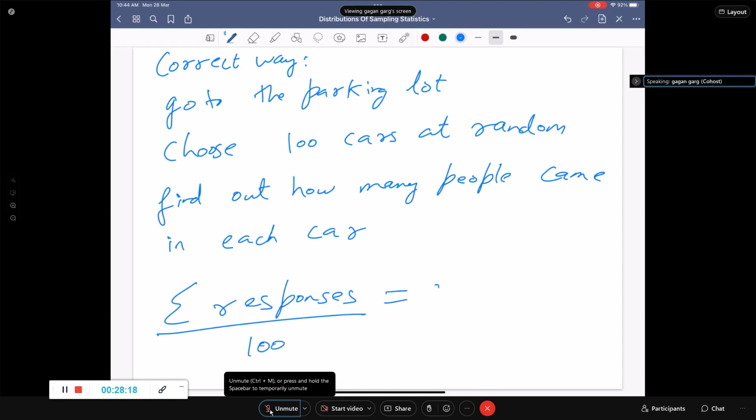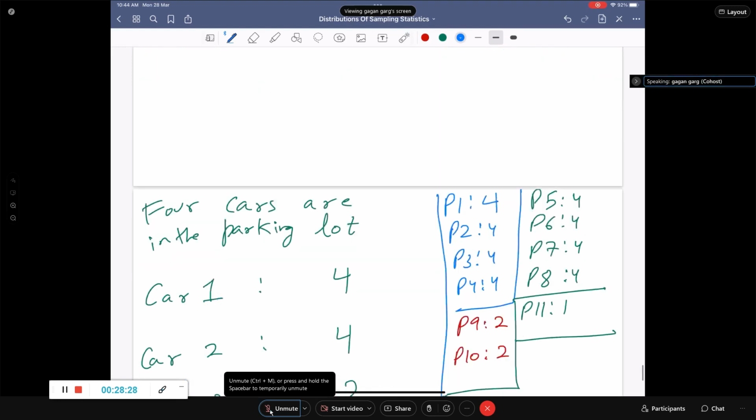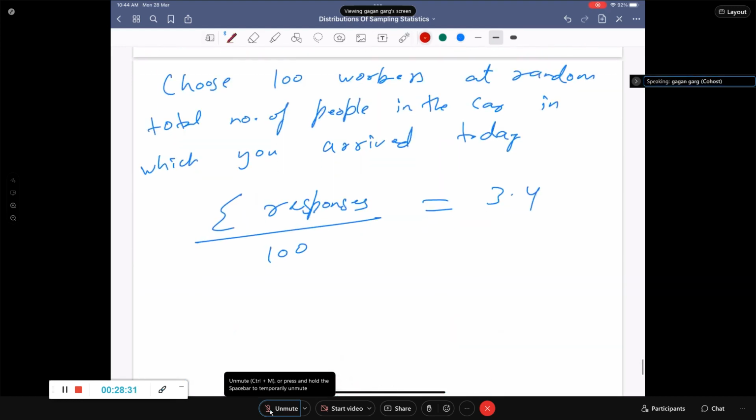This will give you the average number of people per car. The problem here was it is the wrong population.